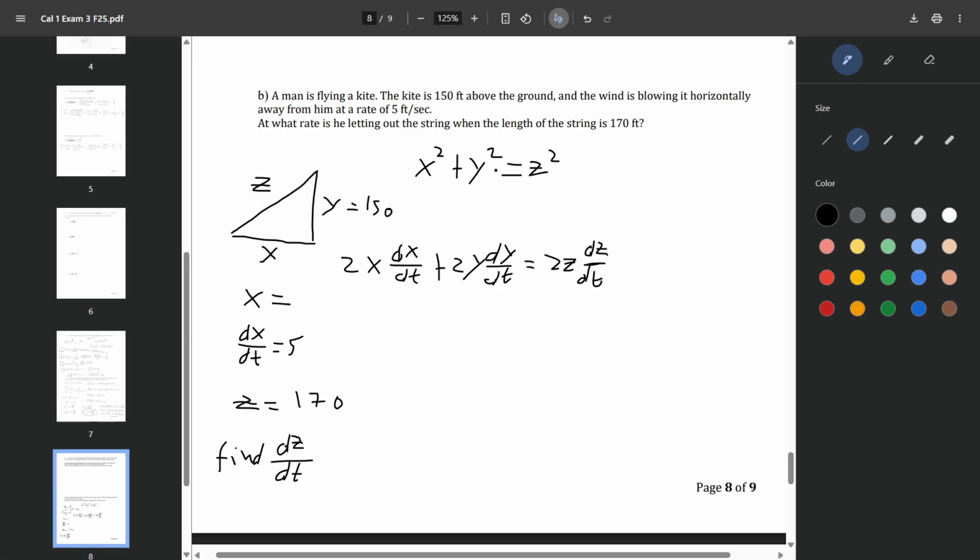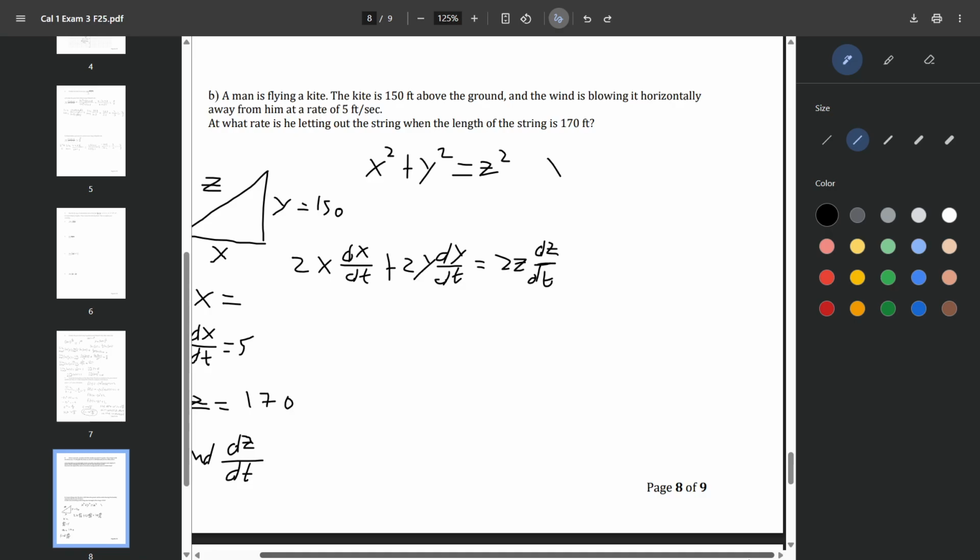Alright, so using the first equation, we are going to find what x is equal to in this case. x squared plus 150 squared equals 170 squared.